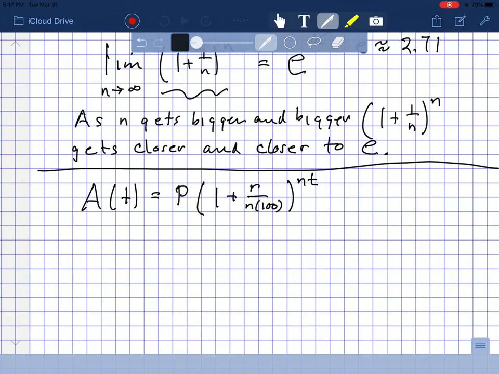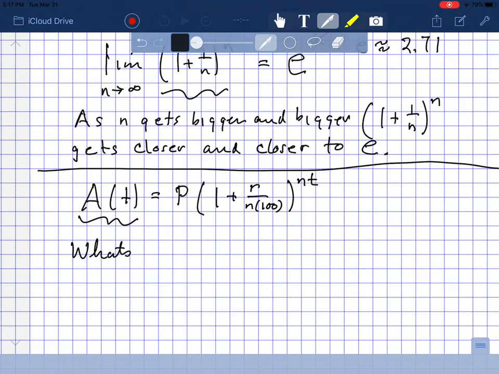Now here's what we want to know. We want to know what happens to the amount of money that we have in the bank after t years as the number of interest periods gets bigger and bigger. So we have more and more compounding. We have semi-annual compounding, monthly compounding, daily compounding, we could have hourly compounding, compounding every minute, every second, and so on and so forth.